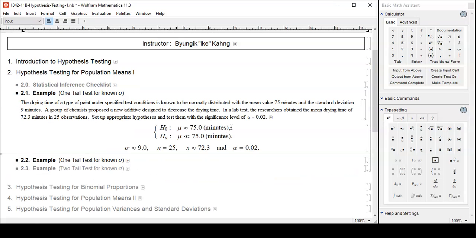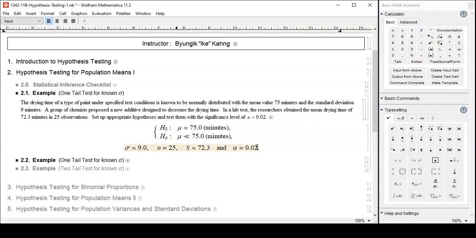So set up the appropriate hypotheses, the null and alternative hypotheses, and here are the appropriate numbers. Sample size of 25, straightforward. Sample mean of 72.3, again, that's pretty straightforward. And we are taking the significance level of 0.02, which is again specified.